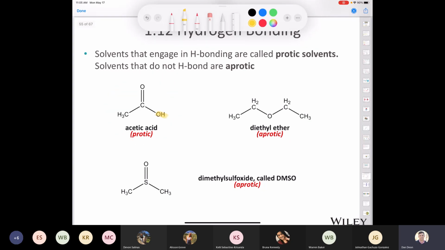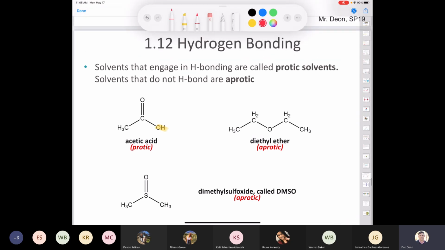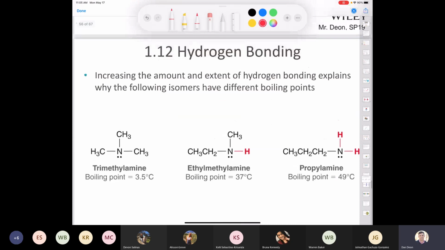Since you have an oxygen-hydrogen bond, we call it a protic solvent, because it has the capability of hydrogen bonding. Whereas solvents like dimethyl sulfoxide or DMSO or diethyl ether or dimethyl ether do not have oxygen-hydrogen bonds, so they're not capable of hydrogen bonding, and we call them aprotic solvents. So protic and aprotic solvents.